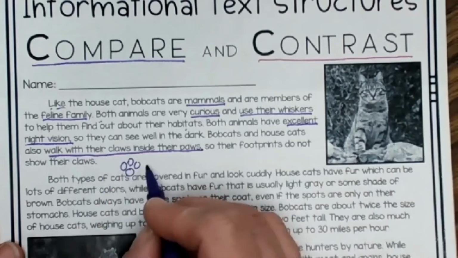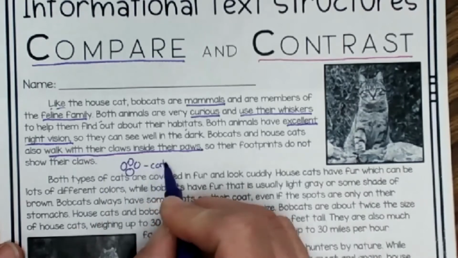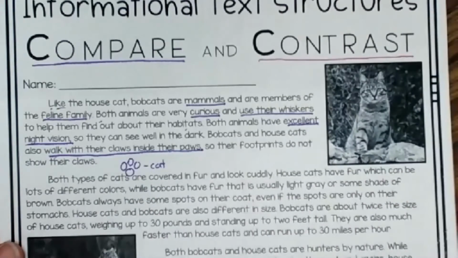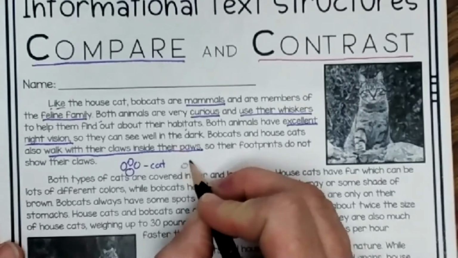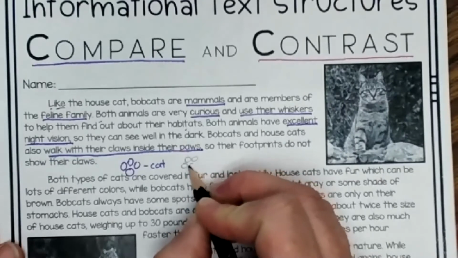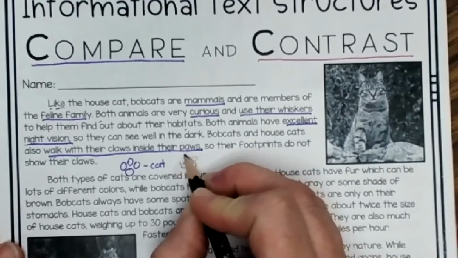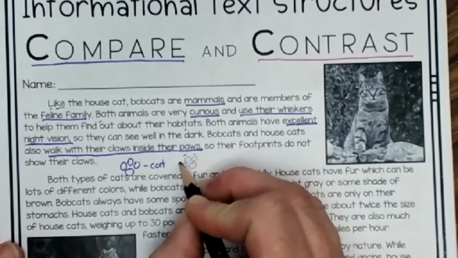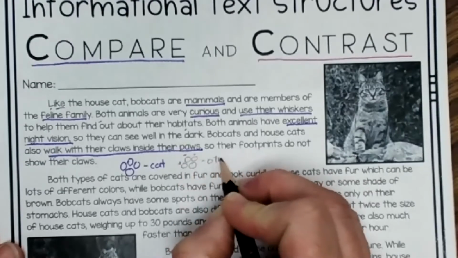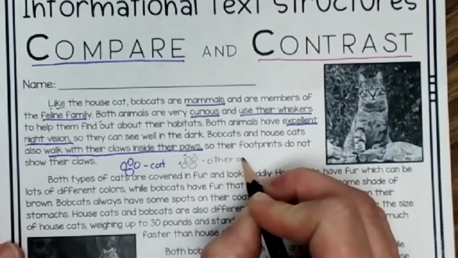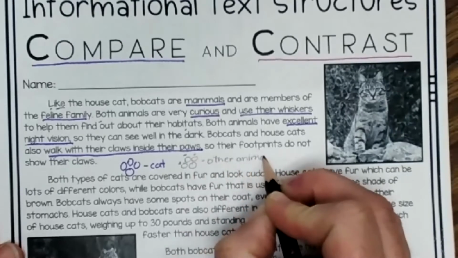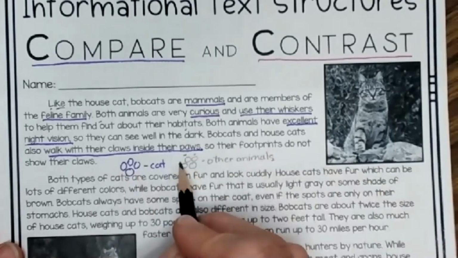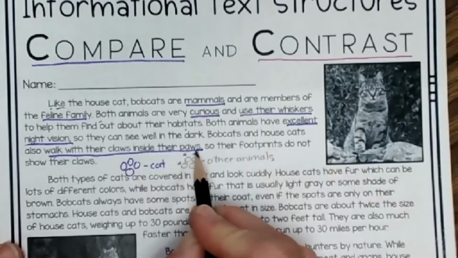Okay, and this would be like a cat. Okay, and then I'm going to draw, in a different color, a footprint that has the little claw marks on there. And I'm just going to put other animals to remind myself of what the footprints would look like.